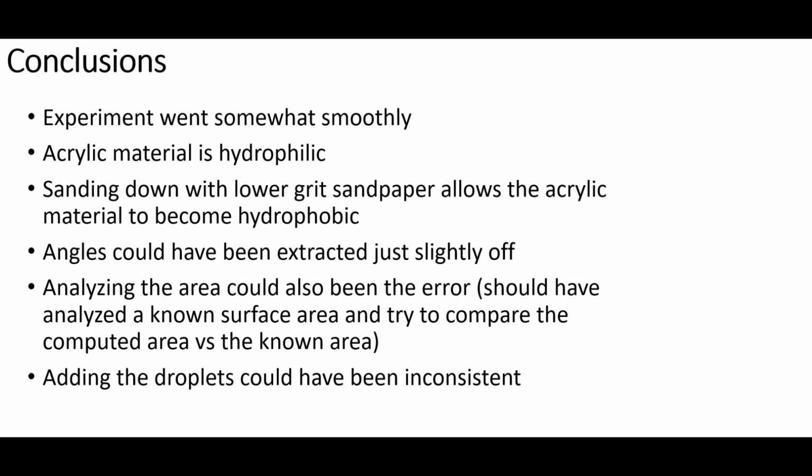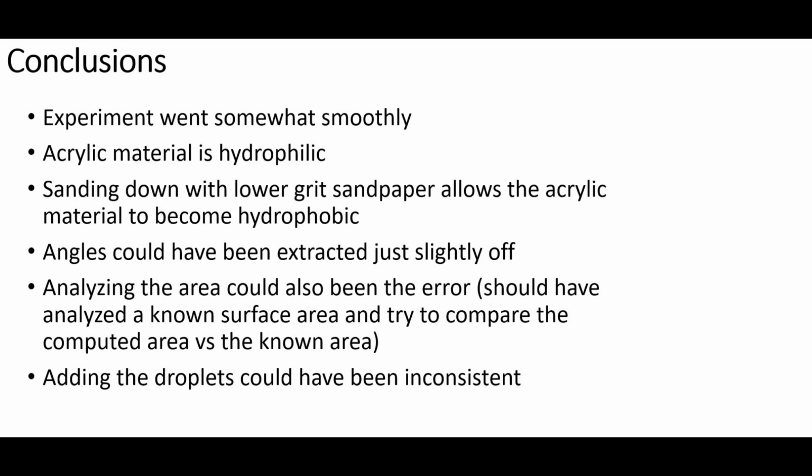One thing I could have also looked into was what type of material this acrylic piece was, because sometimes it's not a perfect acrylic material. Maybe there are some other materials composed with the acrylic itself for manufacturing purposes that I'm probably not aware of.